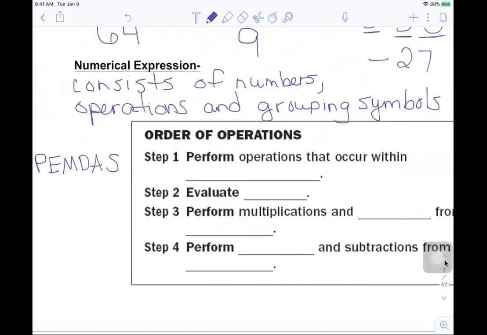So step 1, perform operations that occur within the parentheses. How about the E? What does the E stand for? Exponents. Exponents, nice. So the second step is to evaluate the exponents. So parentheses and exponents.